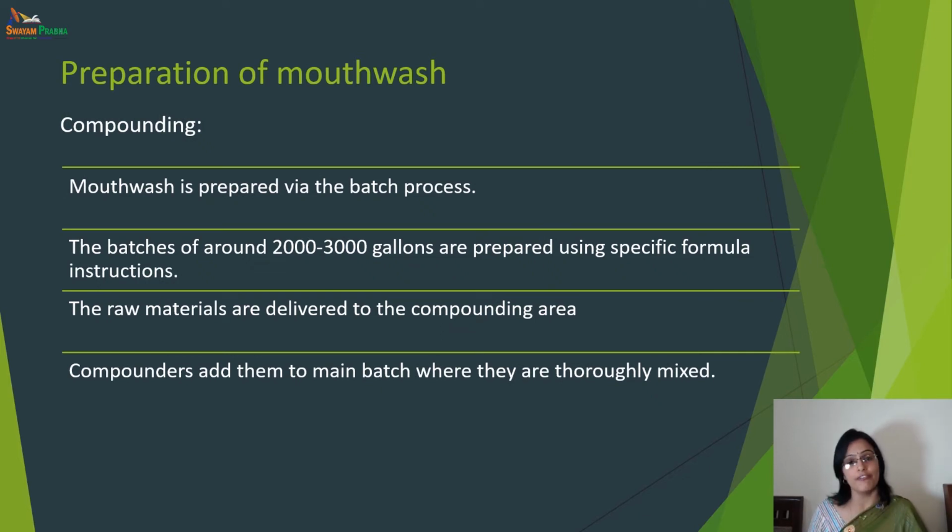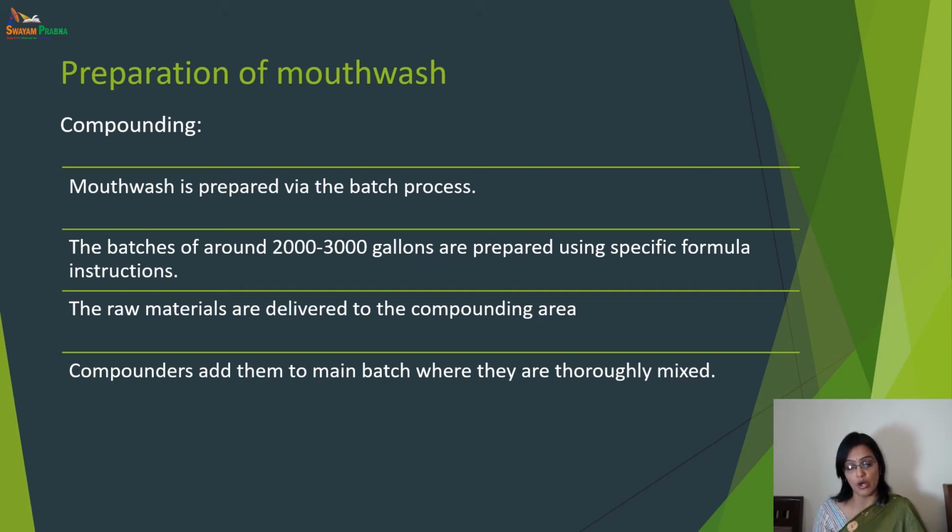Moving to the very first step, this is compounding. Mouthwash is prepared via a batch process in an area of the manufacturing plant called compounding, where the mouthwash is going to be prepared. The persons who operate in this section are referred to as compounders.